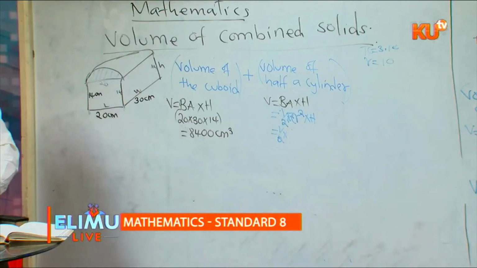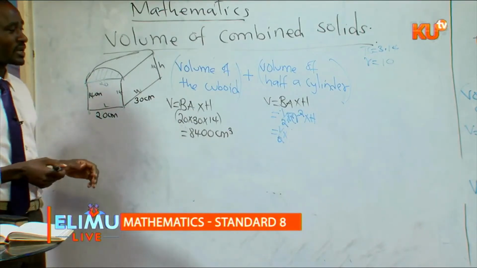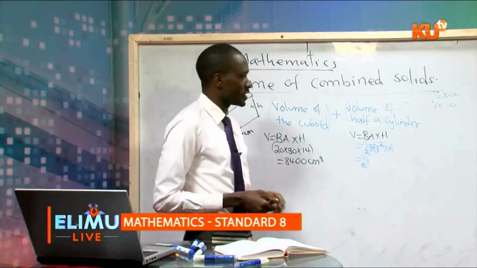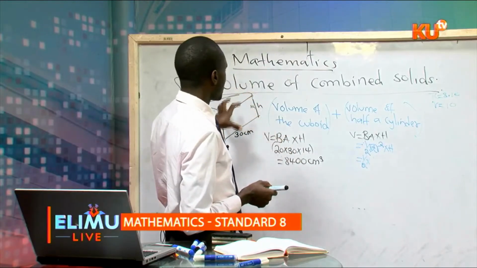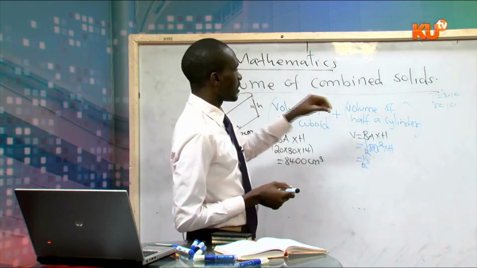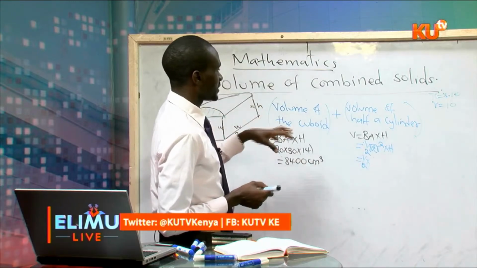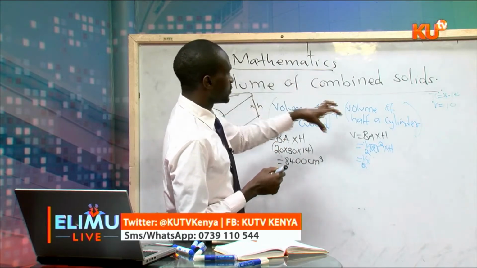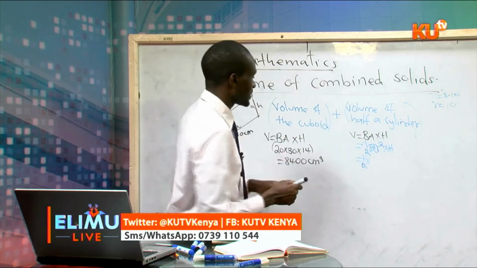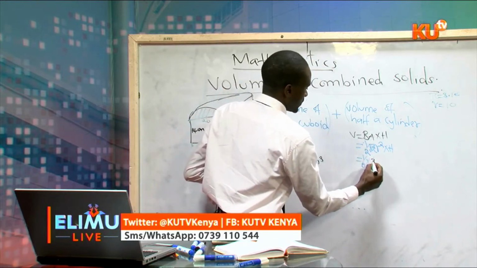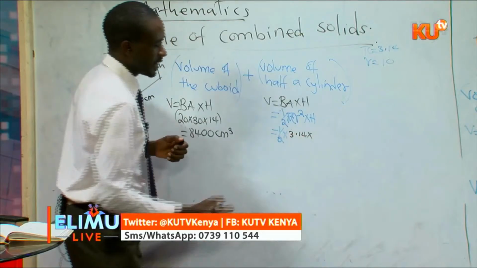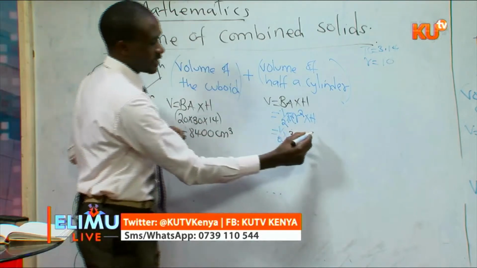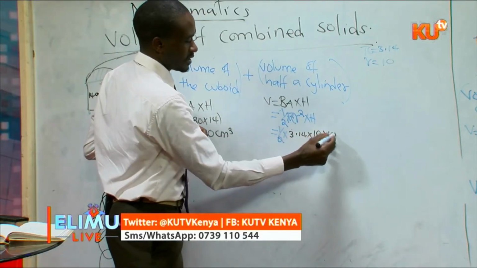Now there, as a learner, you have to be careful, because most learners mess up, not because they don't know, but because they were not keen. They didn't pick the right element or replace the right letter. Now pi to be 3.14 by radius, which is 10 times 10.